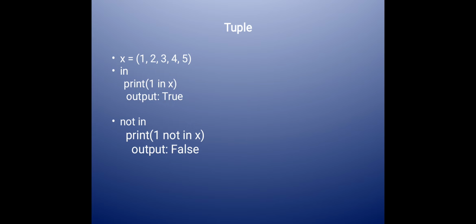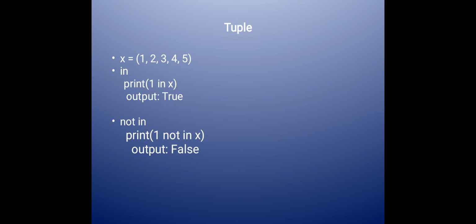Next comes the membership test, in and not in keywords. So here also we have taken the example x is equal to 1 2 3 4 5. Then in the case of in, print 1 in x. That means it is checking whether the 1 is present in that tuple or not. So in this case the 1 is present in that tuple, so the output will be true, otherwise the output will be false.